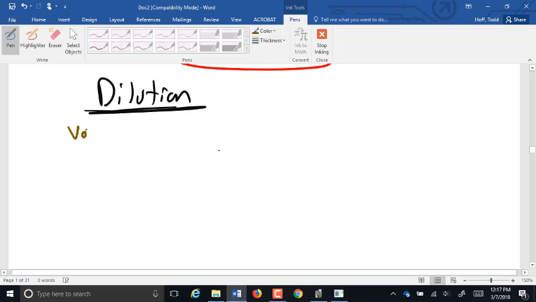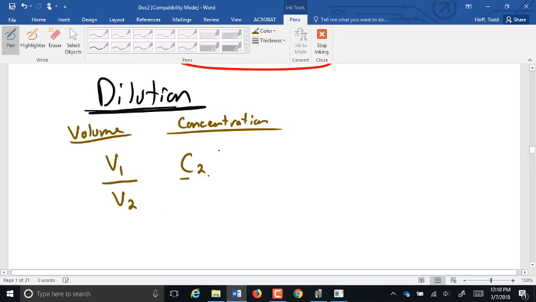Remember, our dilutions by volume or by parts is the parts concentrate, which is the first volume, to the total volume, which is our second volume. But if we're looking at it as far as percentage or concentration, it is the diluted concentration, the second concentration, to the original concentration, or the concentrated percent.